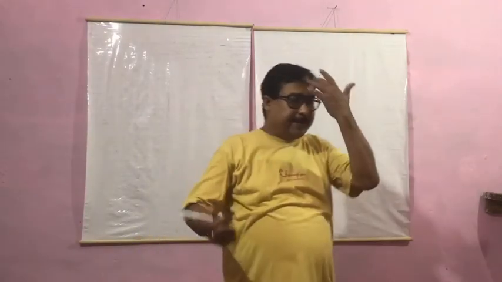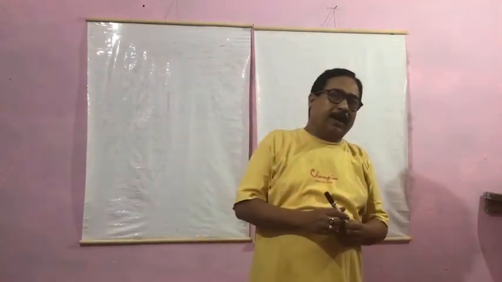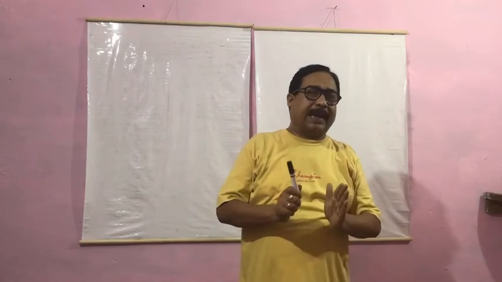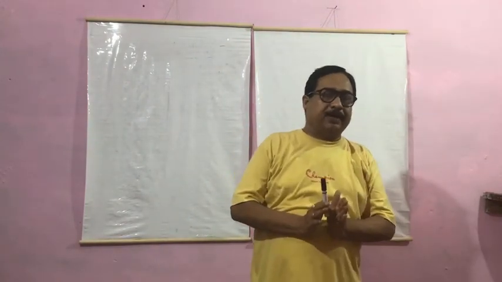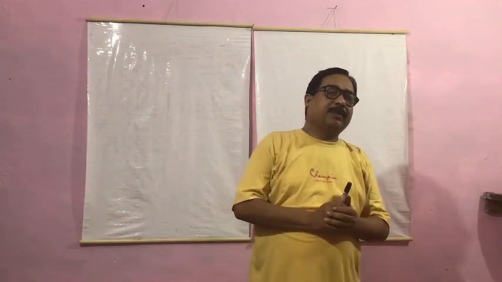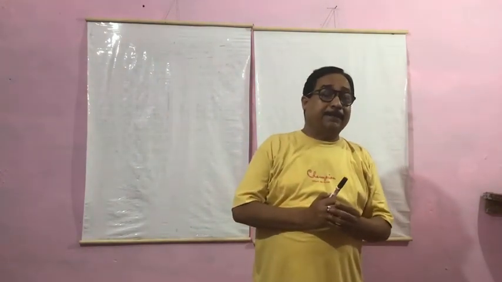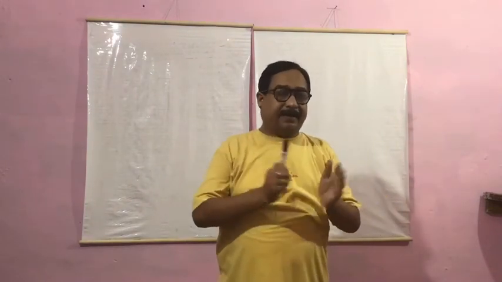So welcome once again. In this video lesson, now we will know about moving coil galvanometer. So moving coil galvanometer is actually a device, instrument which is used to measure and to detect current in a circuit.